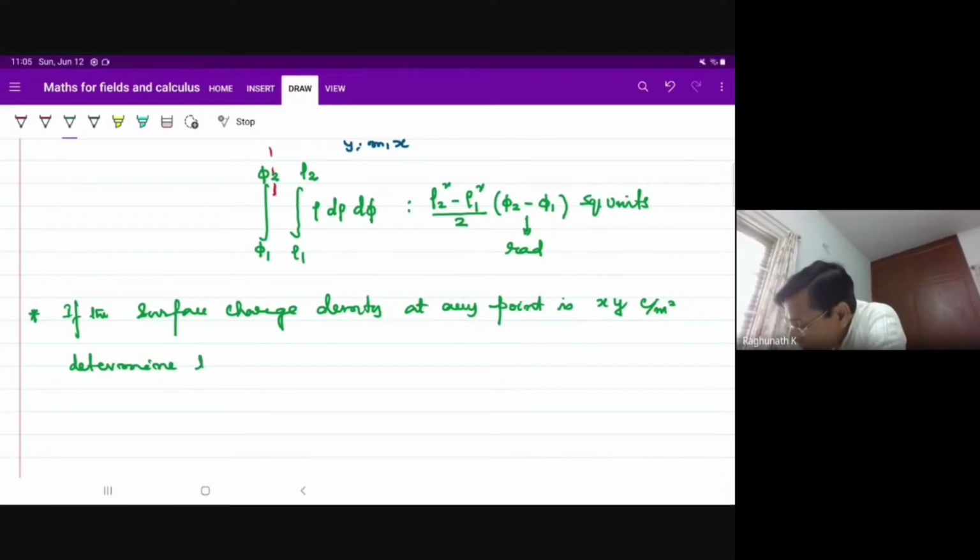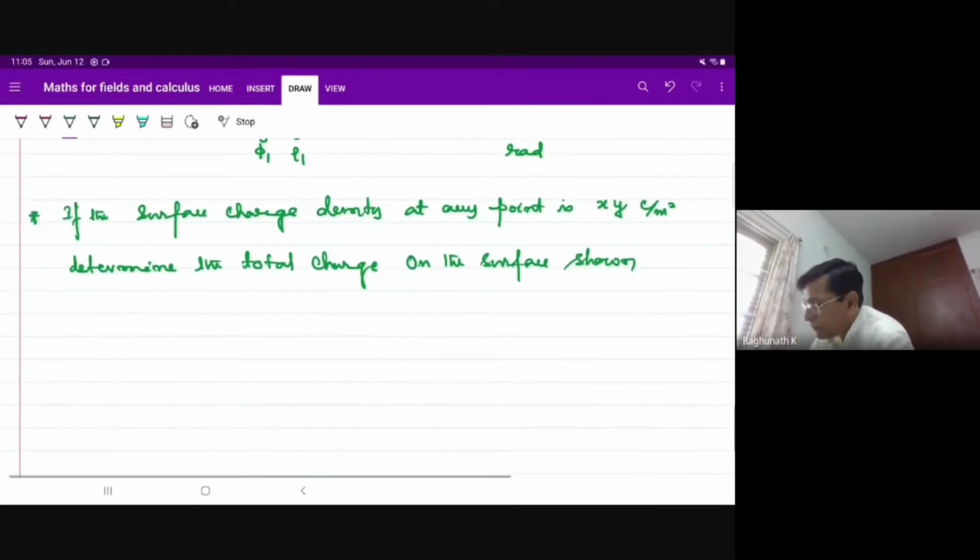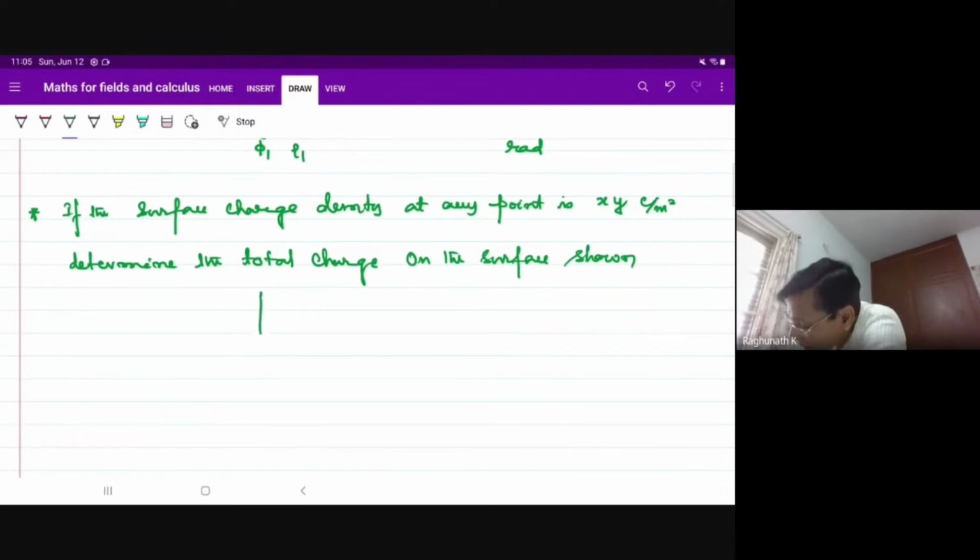Determine the total charge on the surface shown. I'll tell you, a simple problem only will take. The surface shown is this.